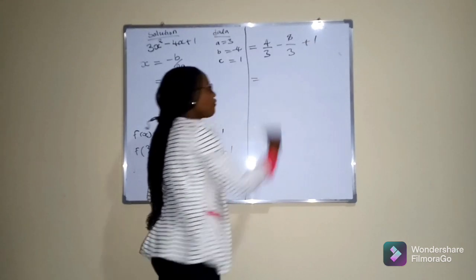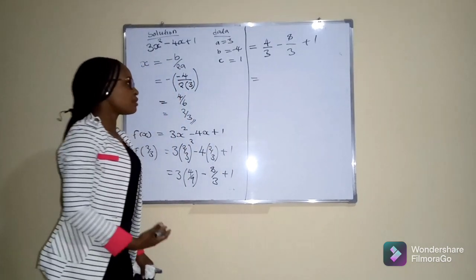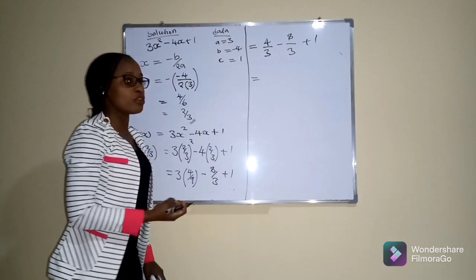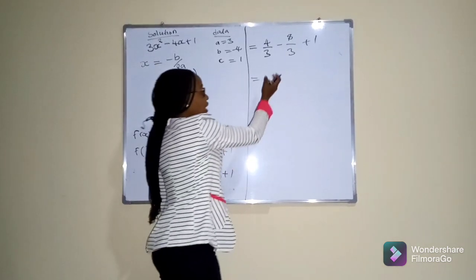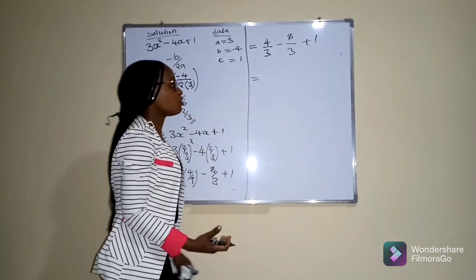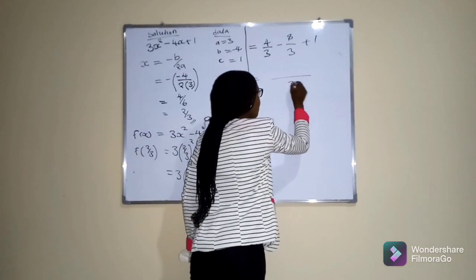Then these are fractions, and we have a whole number on the other side, and we know how to add and subtract fractions. From there, we look for a common denominator, a number that all the denominators that we have can go into without leaving a remainder. When we look at this, we have 3.